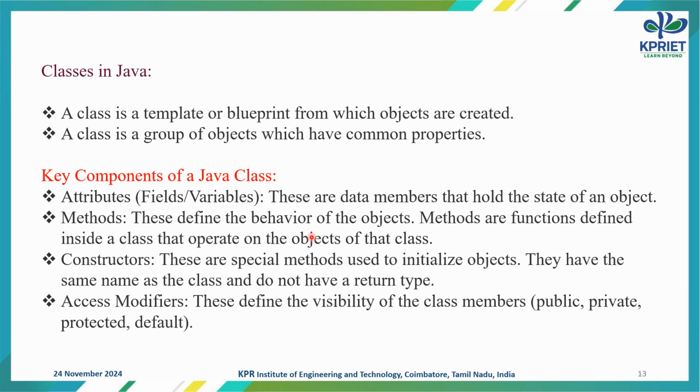That is, we are going to write some story about the object, what it is performing and what it is going to perform. Methods are also called functions. In C programming we say functions; here we call them methods or functions defined inside a class that operate on the object of the class. Constructor is similar to a method, but it is a special method.